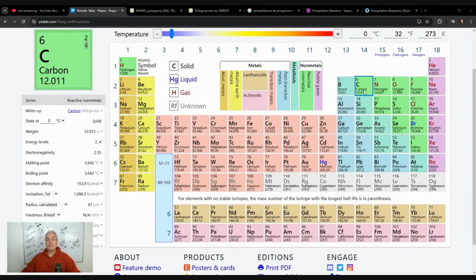Very nice. So here what's interesting for carbon is that you have 6 protons in the nucleus. So the nucleus has more and more protons, therefore attracting electrons more and more.